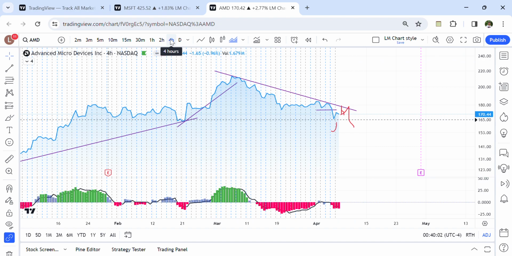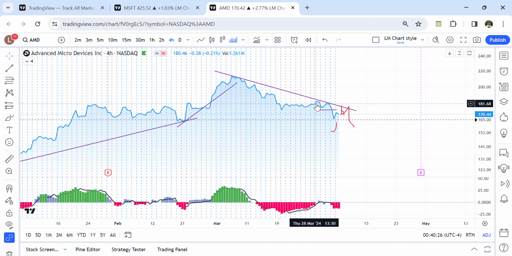So this is one way to do trend line support and trend line resistance. As currently we are in downtrend on AMD, we talk about trend line resistance. When we are in upward movement, we talk about trend line support. I will show you some other stocks also for identifying trend line supports.